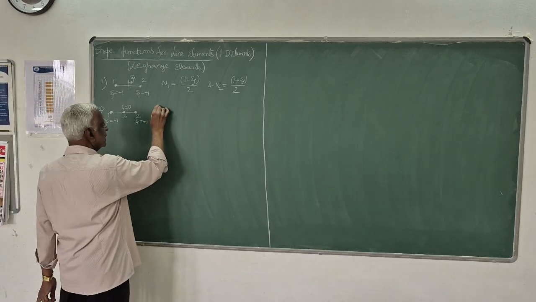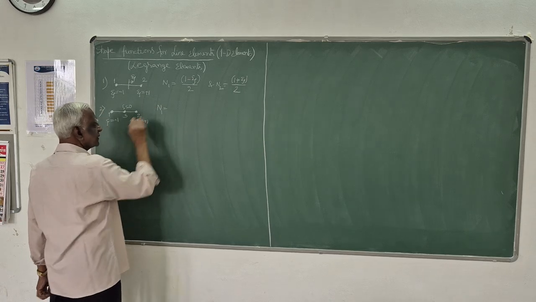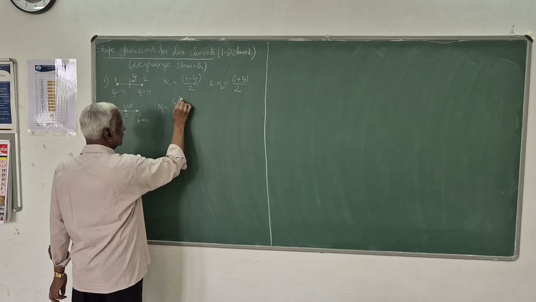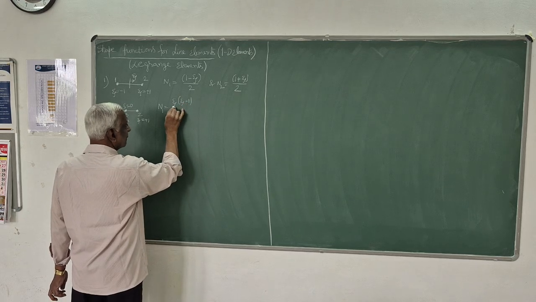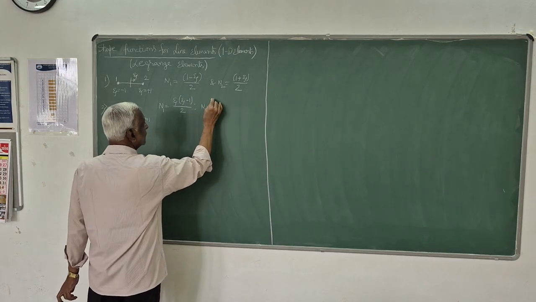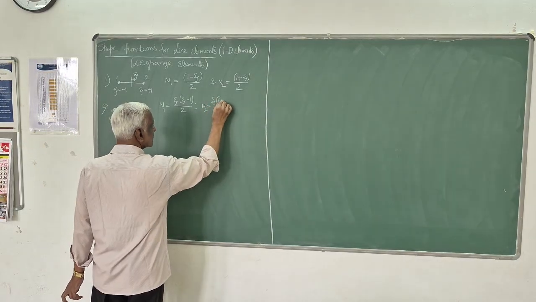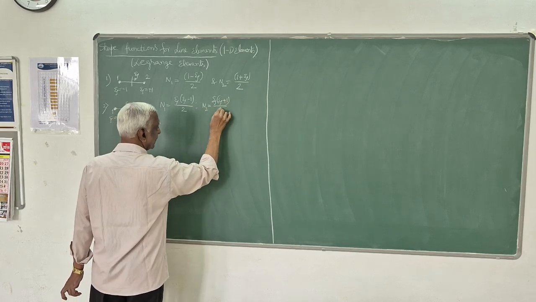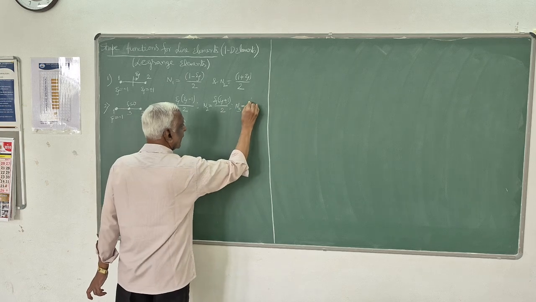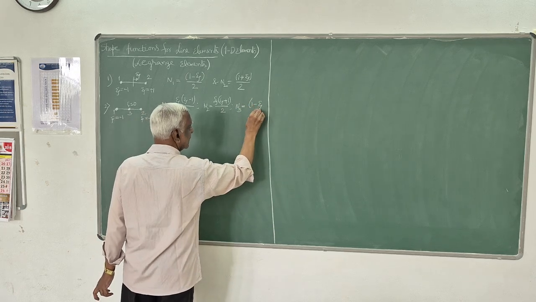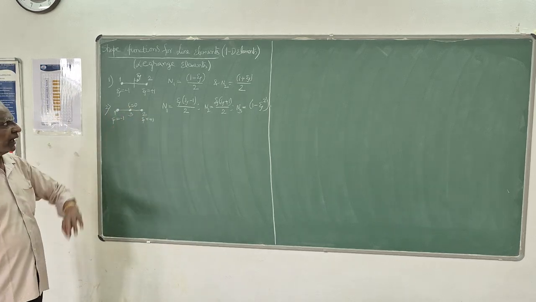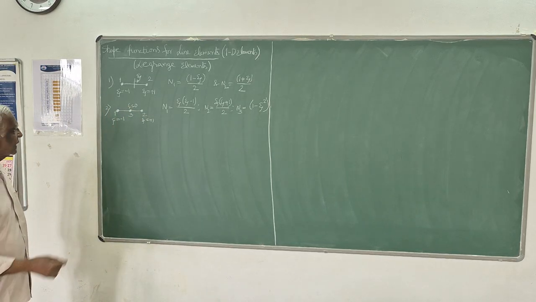So for this we have derived the shape functions as N1 equals psi into psi minus 1 by 2, N2 equals psi plus 1 divided by 2, and N3 as 1 minus psi square. This also we have derived in the previous class.